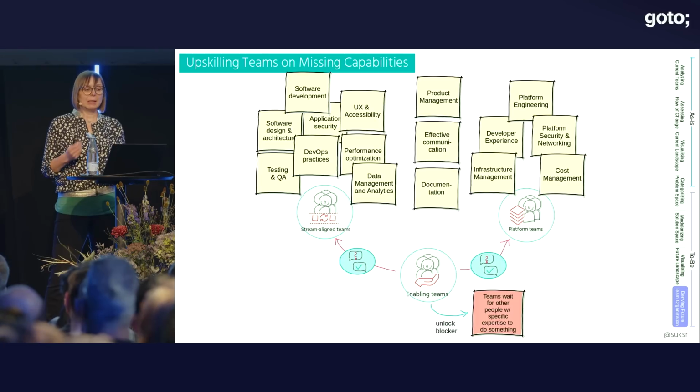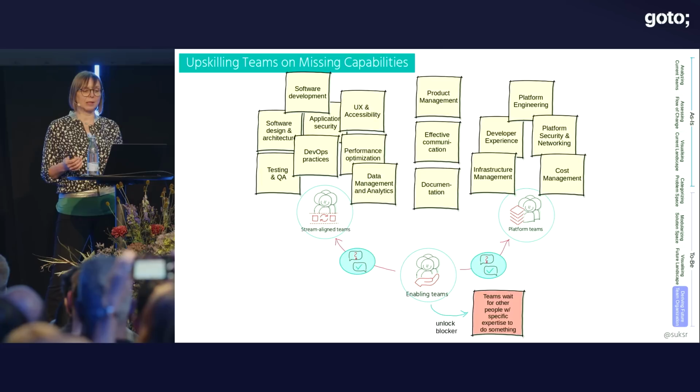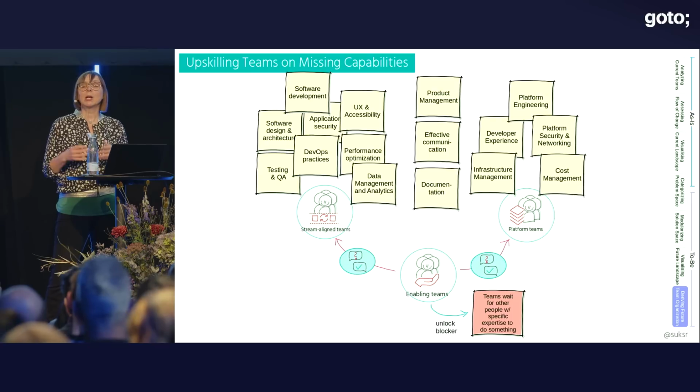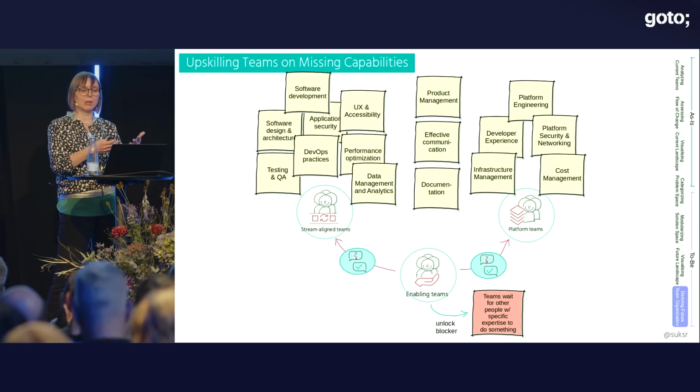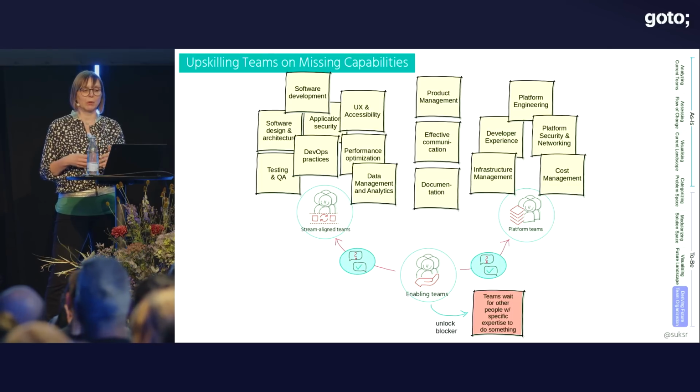So the enabling teams act as internal mentors and coaches and help to upskill the streamlined teams on demand, and also the platform teams, so that the streamlined teams and platform teams become self-sufficient, which then unlocks the dependencies on people having a particular expertise that need to do something before the teams can complete their own work.